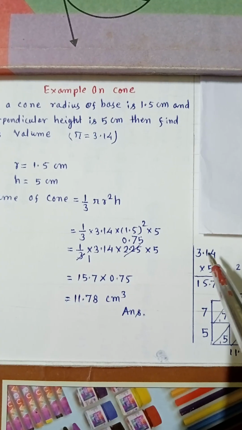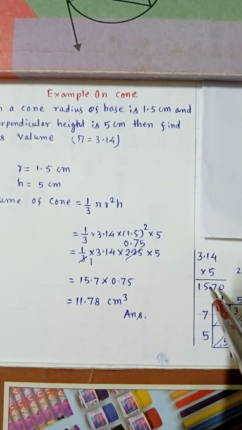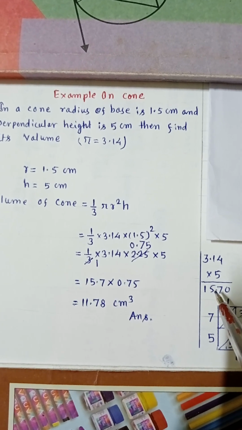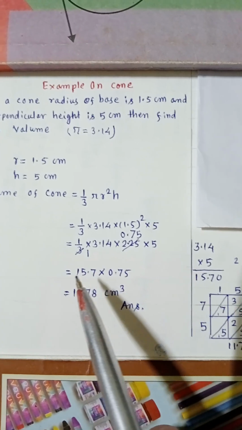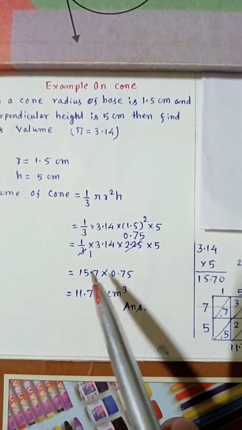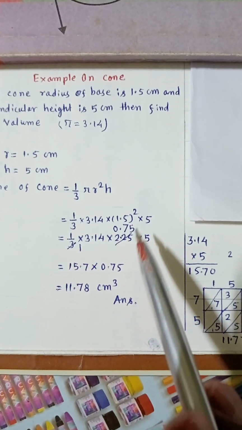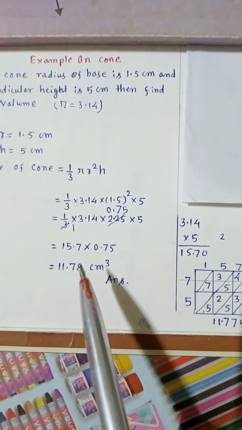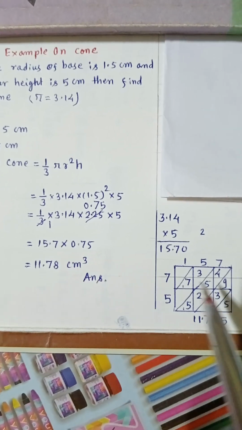Here are 2 digits after decimal point, therefore we have to give decimal point before 2 digits. Multiplication is 15.7. 3.14 into 5 is 15.7, into 0.75. We have to do multiplication of 15.7 into 0.75.